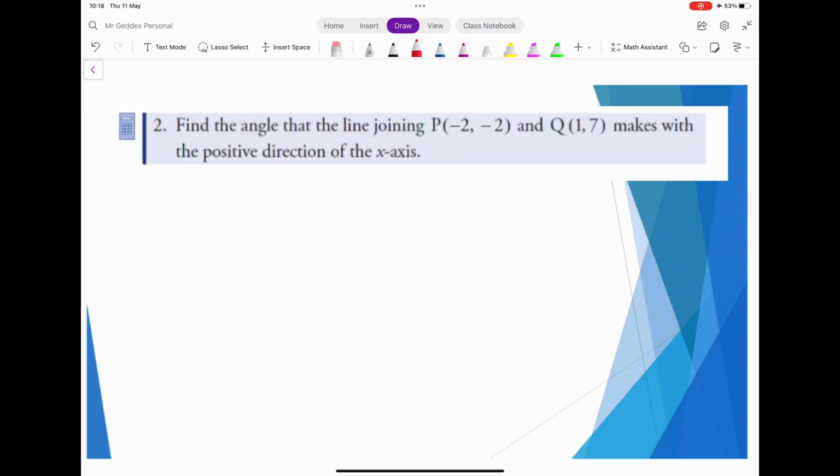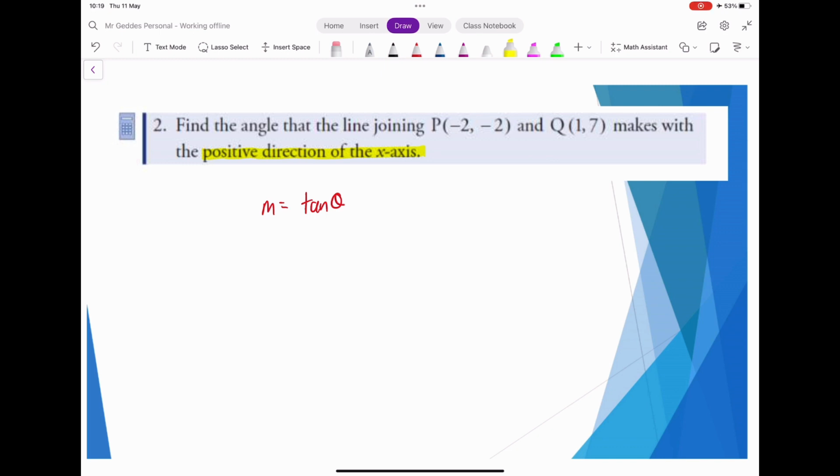Right, so find the angle that the line joining P and Q makes with the positive direction of the x-axis. So the minute you see these words, positive direction of the x-axis, you've got to remember that you have this m equals tan theta formula to use. The problem we have here as well is that we don't actually have the gradient or the angle, so we're going to have to do things a bit differently.